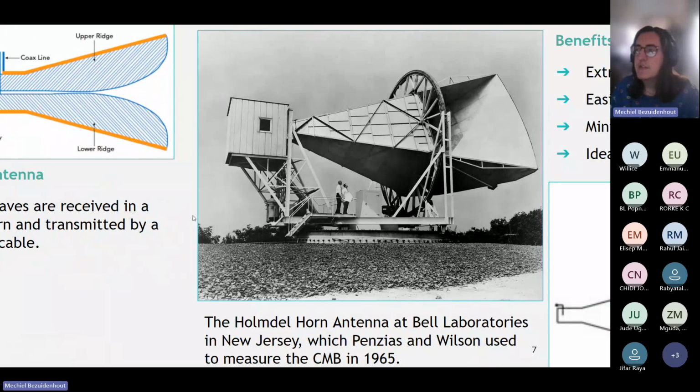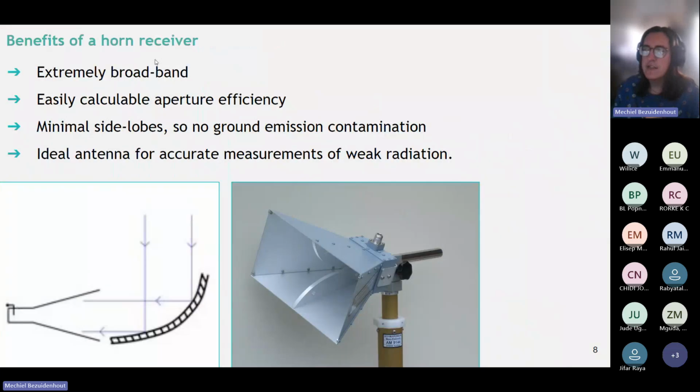What are the benefits of using this kind of receiver is that it's extremely broadband. You can use it at all different types of frequency, unlike, for instance, a Yagi-Uda antenna, which we saw the wavelength that it's able to observe depends on the length of those horizontal rods.